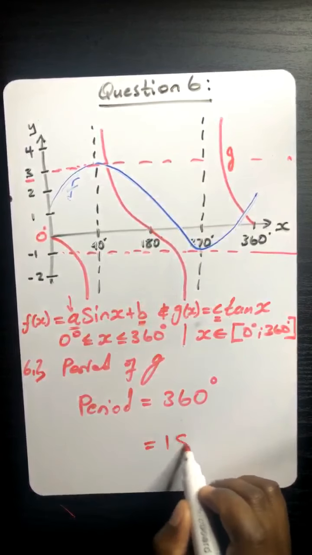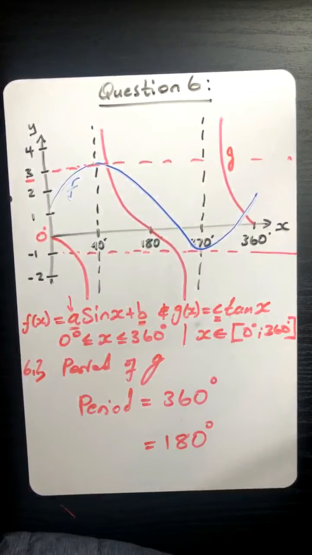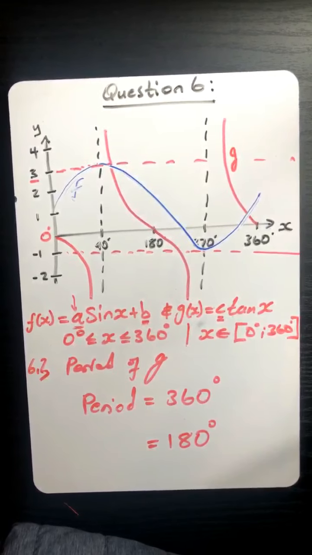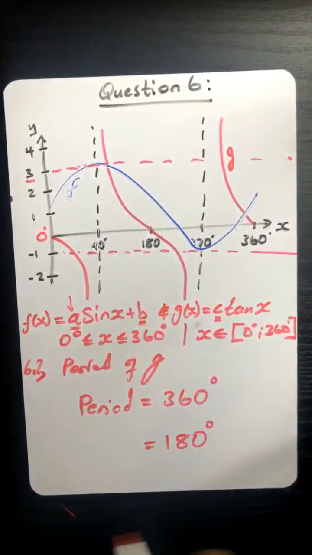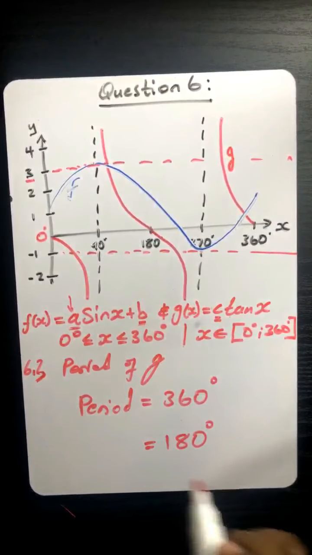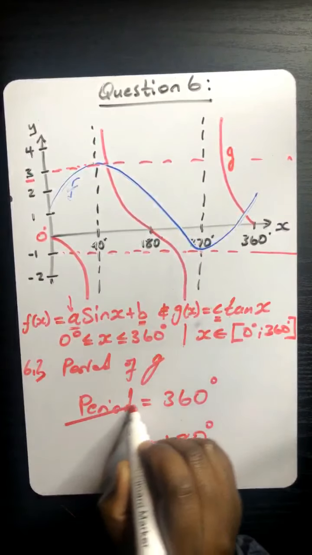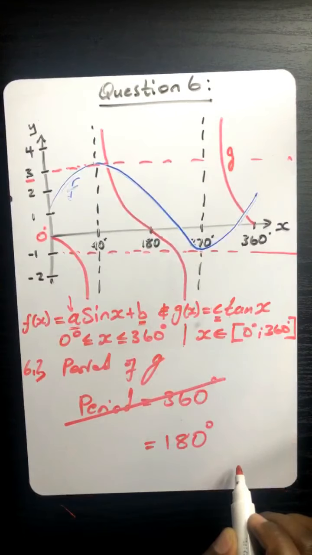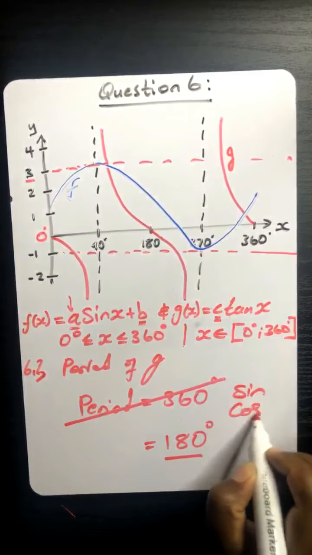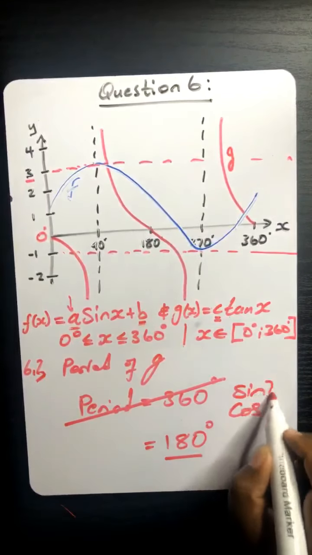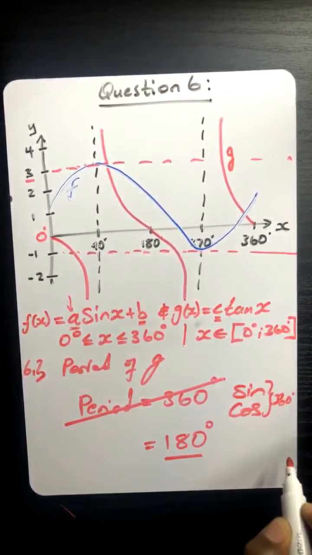But who's saying 180 now? It's 180 because g is tan. Yes. So for the tan function, the period is 180 degrees.